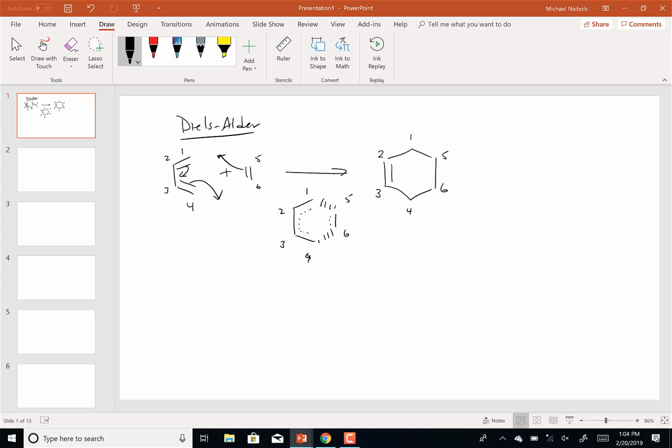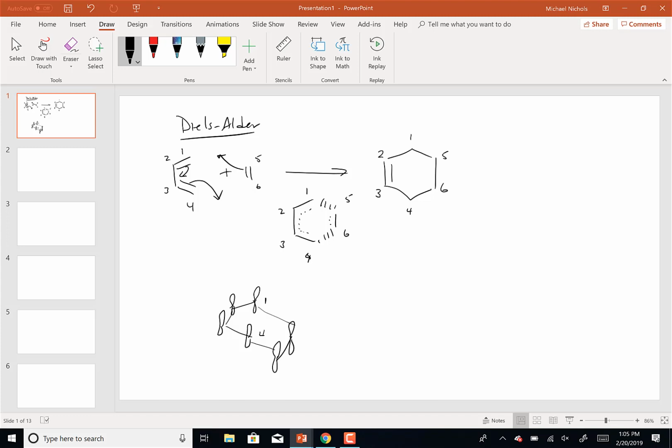The way this reaction works is that if you have a conjugated system, those are all the p orbitals of the pi bonds. The spacing between carbons 1 and 4 is just perfect to overlap the 2 p orbitals of the alkene, which then allows these orbitals to overlap, and then we form the cyclohexene.